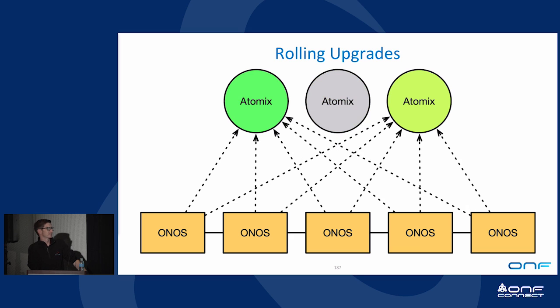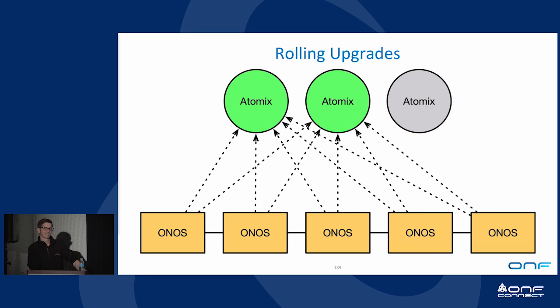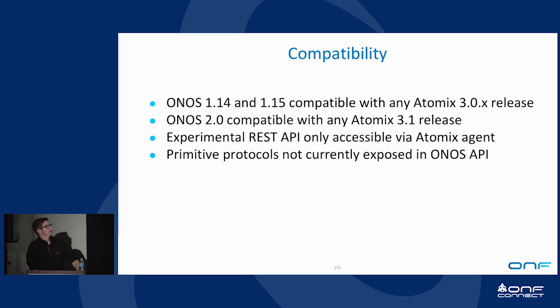And you just do it with a normal rolling upgrade, and in something like Kubernetes, you can just use a rolling update strategy, and that will update the Atomix nodes, and you thereby get new bug fixes, new features, and things like that. So that's about all I have on the ONOS architecture.